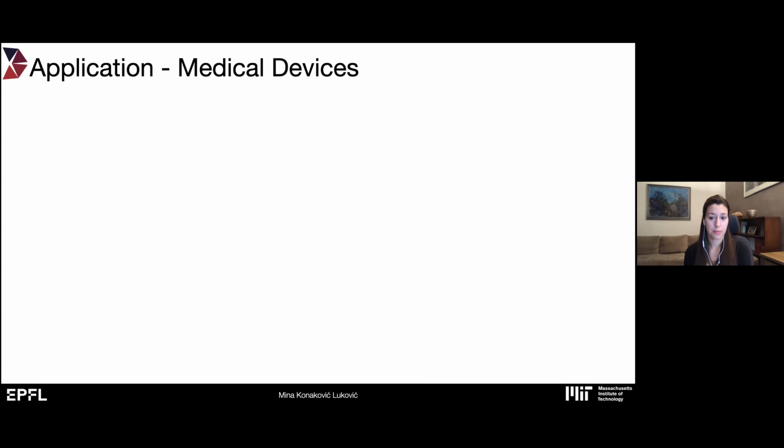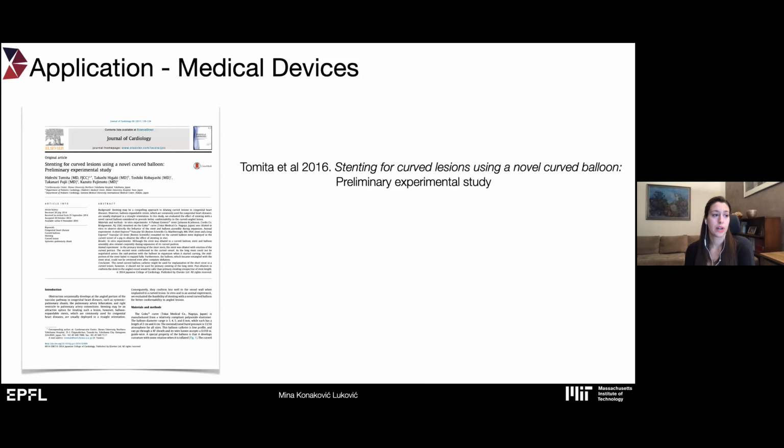Another interesting example that can be done with our programmable auxetics is that there is this somewhat recent work from 2016 where doctors have discovered that heart implants are currently designed to be regular cylinders, and this can actually be troublesome for some patients where the clogging of the blood vessel is happening where your blood vessel is actually curved.